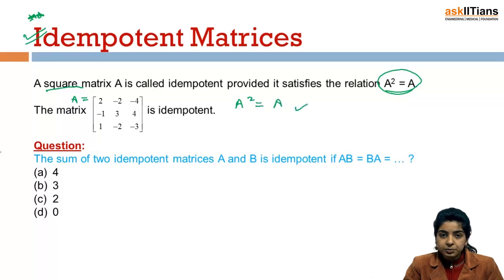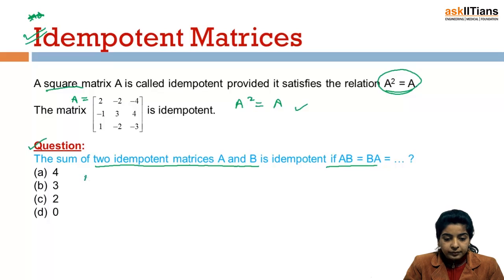Then we have a question based on this, which says the sum of two idempotent matrices A and B is idempotent if AB equal to BA equal to what? So just note down whatever is given. Suppose I do not know how to proceed in this question, I just proceed from the question itself, what it says, what is given. Sum of two idempotent matrices.